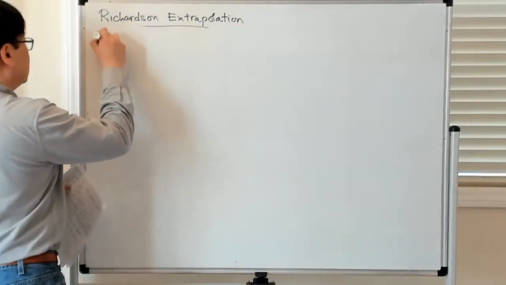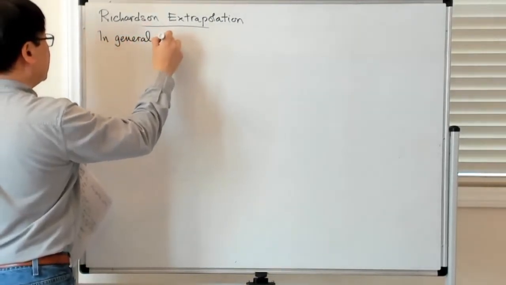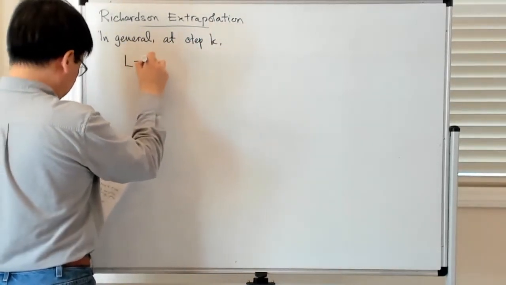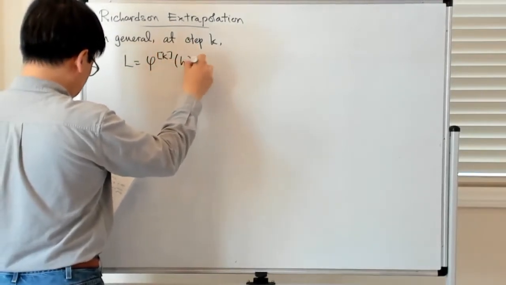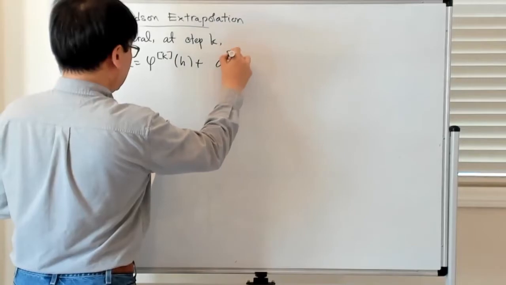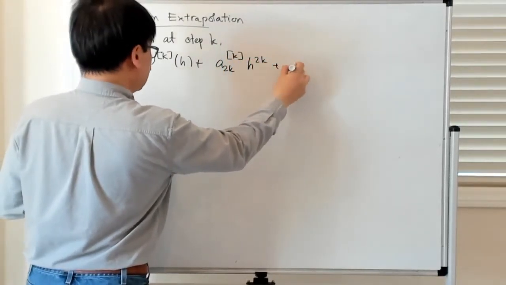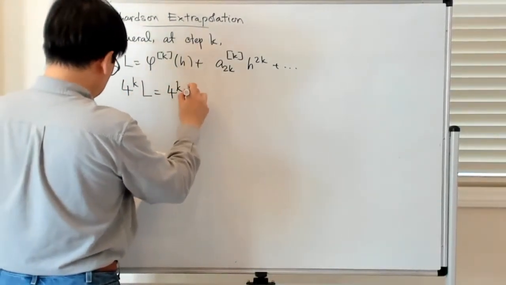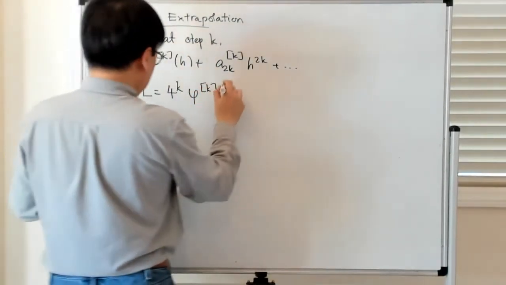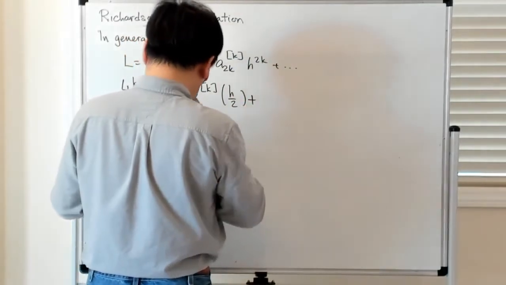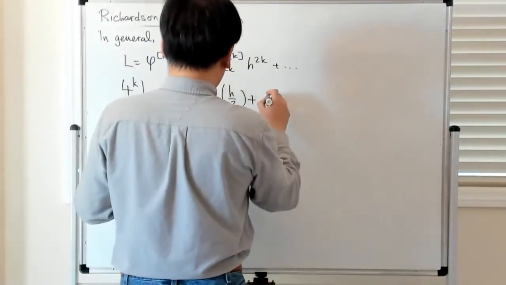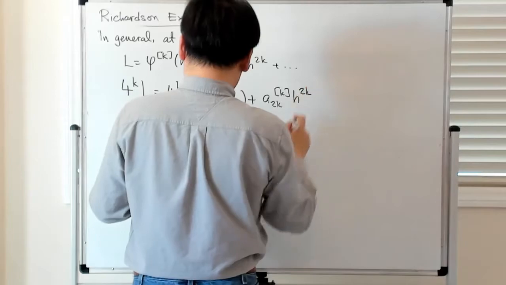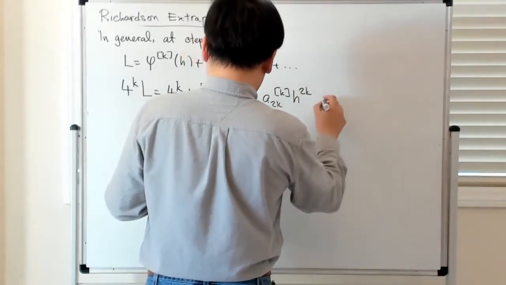So in general, at step k, what we have is L is equal to phi k h plus a 2k k h to the 2k plus higher order terms, and then you have 4 to the k L is equal to 4 to the k phi k h over 2 plus a 2k k h to the 2k and higher order terms.